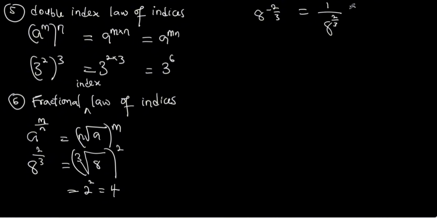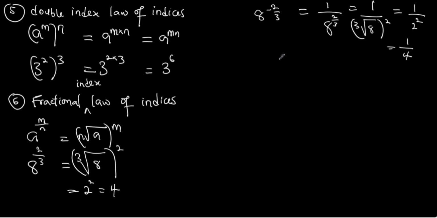So at the denominator, obeying the fractional law of indices, we have the cube root of 8 raised to the power of the numerator, which is 2, and that gives us 1 over the cube root of 8, which is 2, raised to power 2, which gives us 1 over 4.